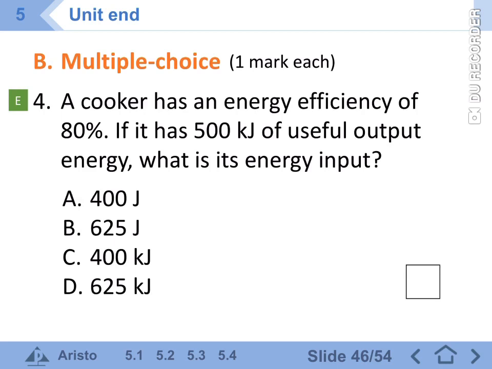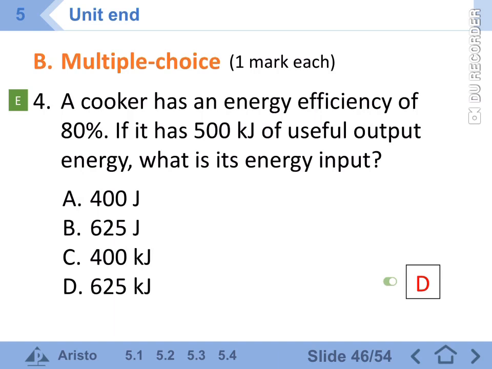We know that the efficiency is only 80%, meaning that 20% is lost, so the 20% has to be added back into the 500 kilojoules. A, B, and C are all wrong, since all of them are lower than 500 kilojoules already. Only D is the reasonable answer. So the answer is D.